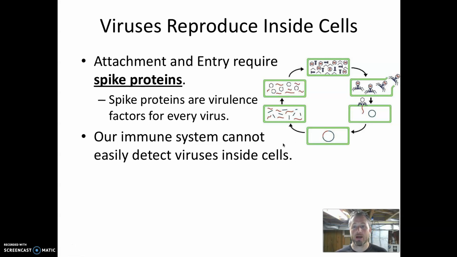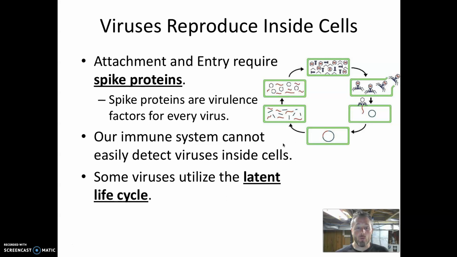If we keep thinking about viral life cycles, we know that some viruses can utilize this latent life cycle, where they can remain inside a cell in this prophage form or provirus form, and only reproduce when the cell reproduces. One cell becomes two cells, and then both cells contain that virus. By performing the latent life cycle, these viruses are permanently hidden inside our cells.